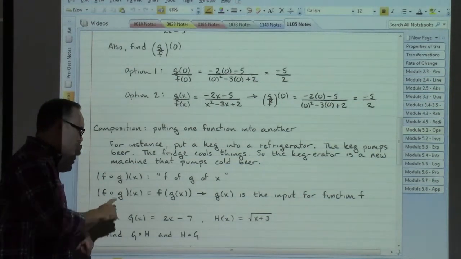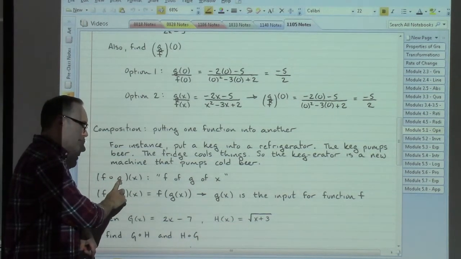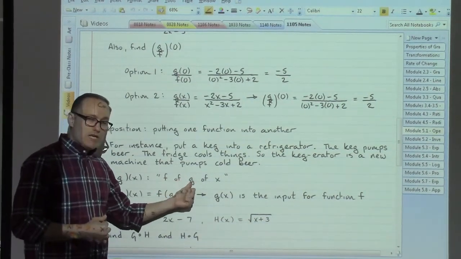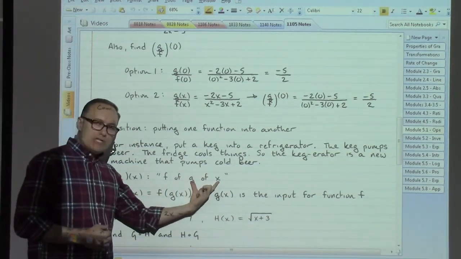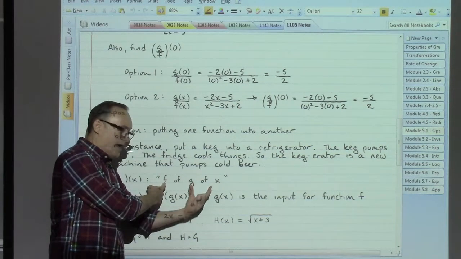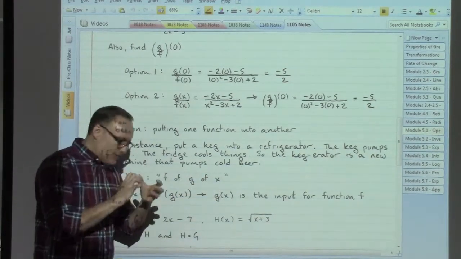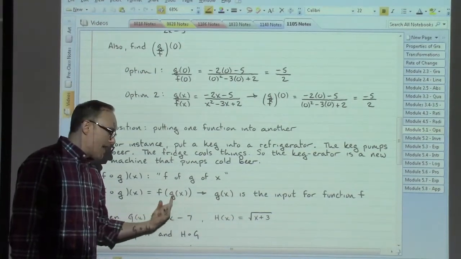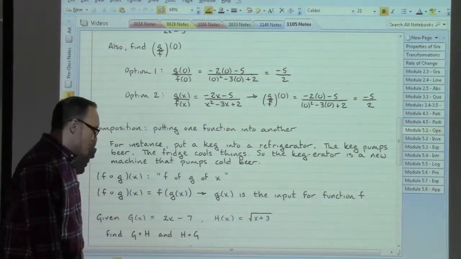If we do composition as f circle g, that really refers to f of g of x, which means that we want to take the g of x machine and put it into the f function, the f having been on the outside, the g having been on the inside. So f of g of x, the g of x function is getting put inside of our f function.